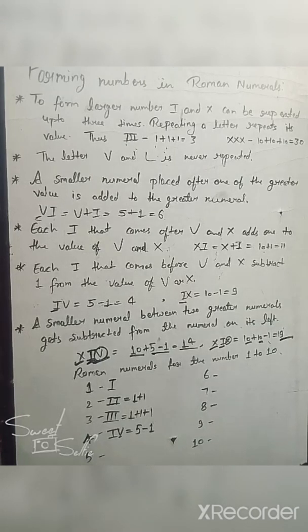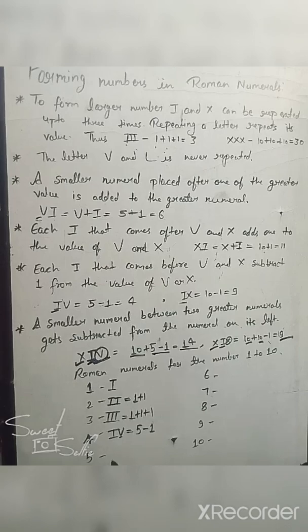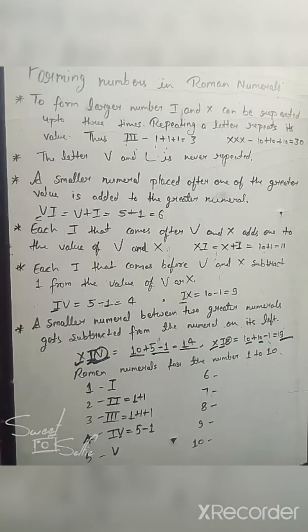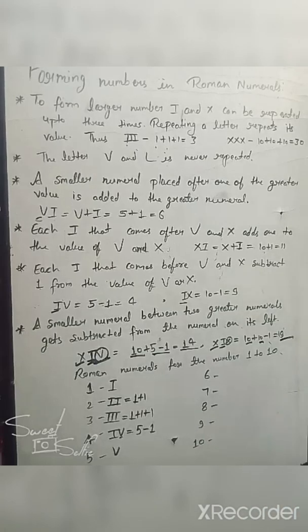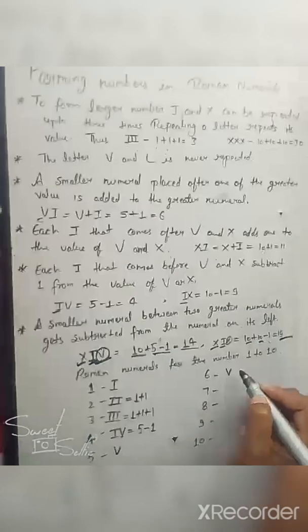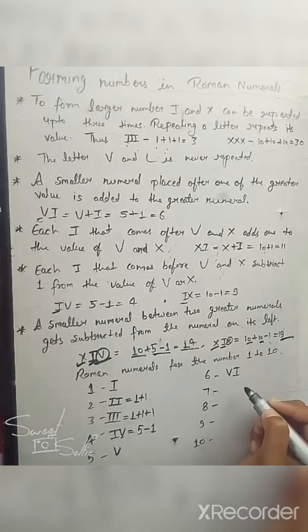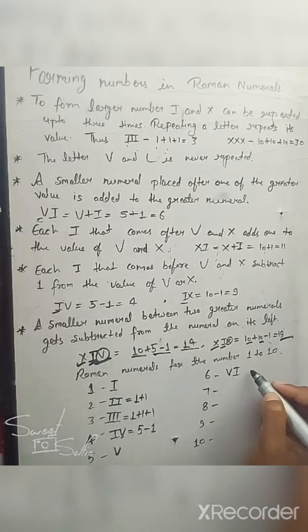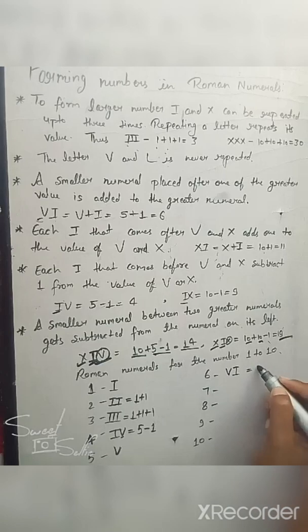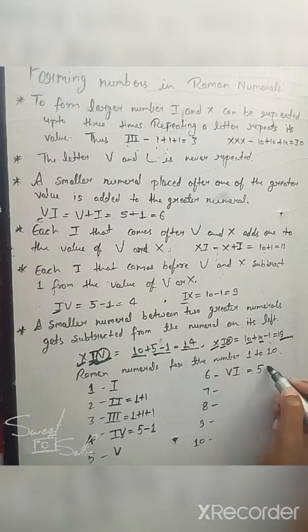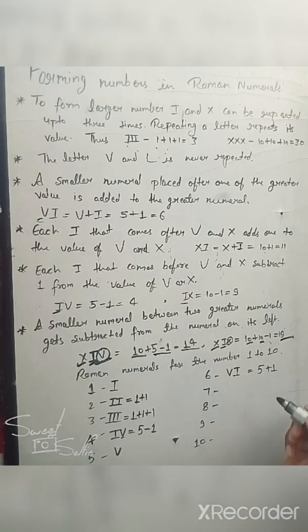Okay, and for 5 we know V represents 5. And 6: here we can write 6 as VI, okay, because the value of V is 5 and I is 1, so 5 plus 1 is 6.